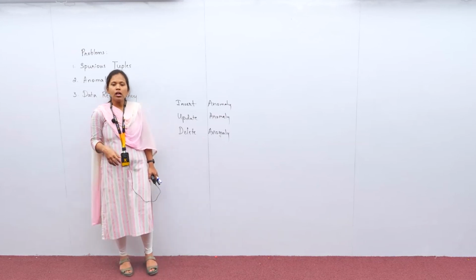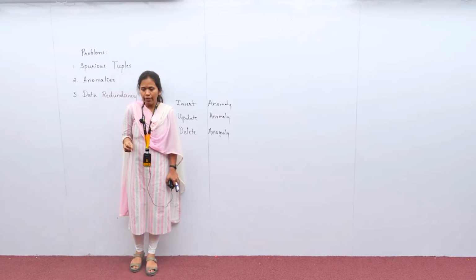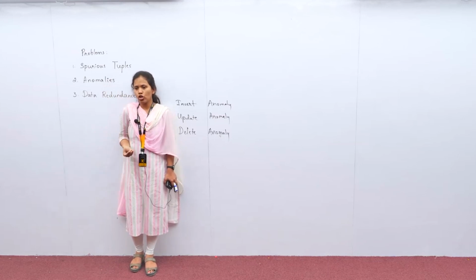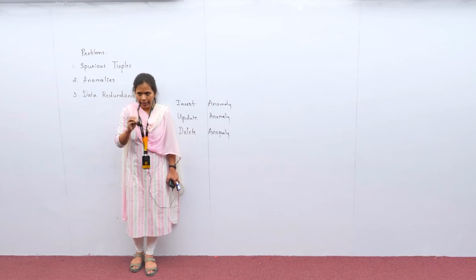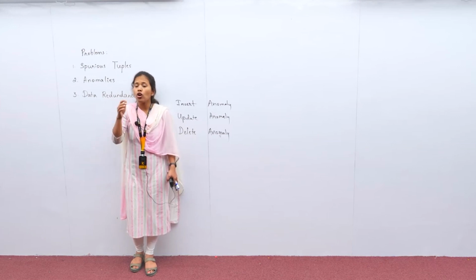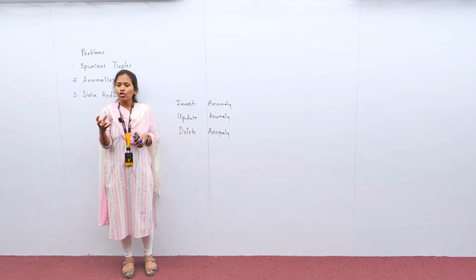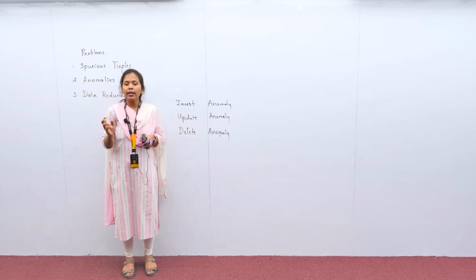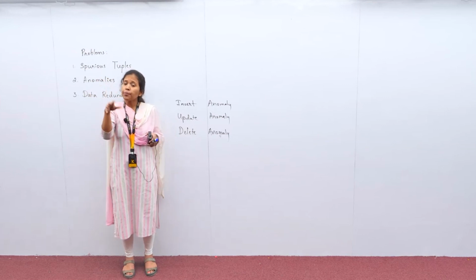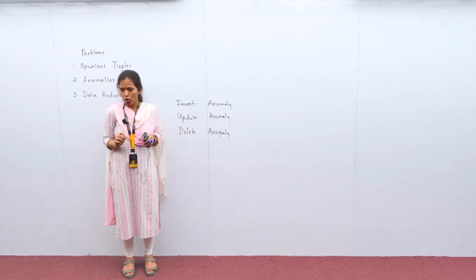Or say suppose you don't have the proper relation between the data you have stored, and you're trying to update somebody's marks or somebody's age, and due to improper data or not having it stored properly, instead of updating one employee's age, all employees' ages will be updated, or you will be updating all students' marks. Any problem you get while performing an updation operation is an update anomaly.